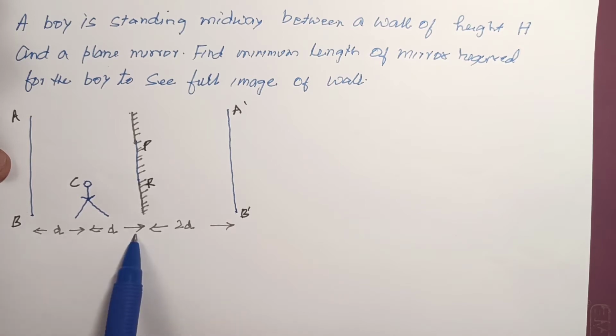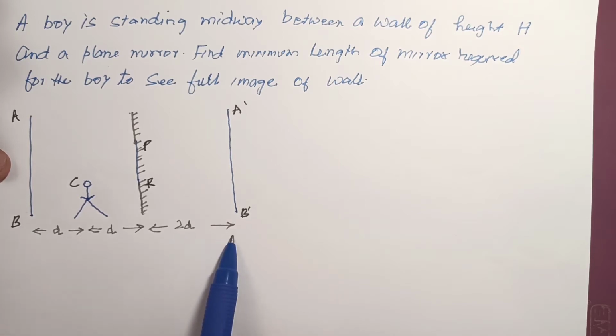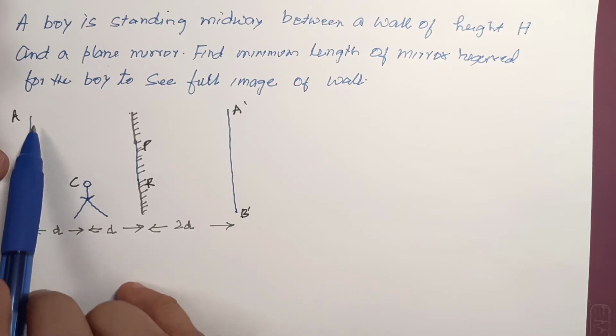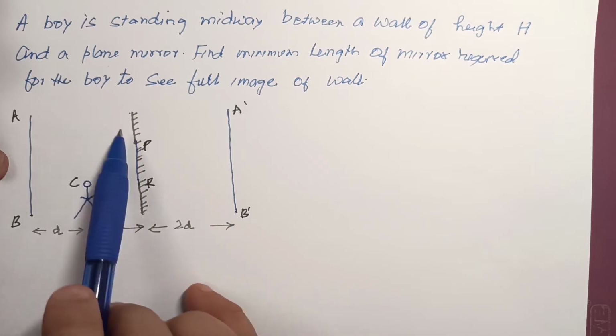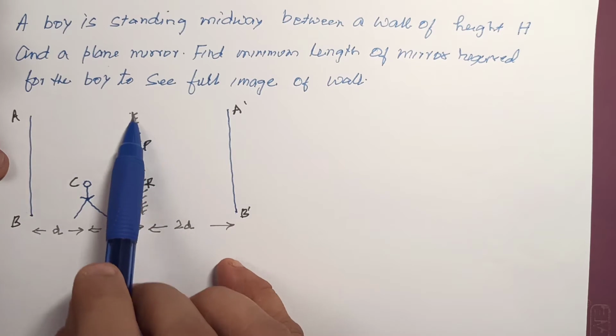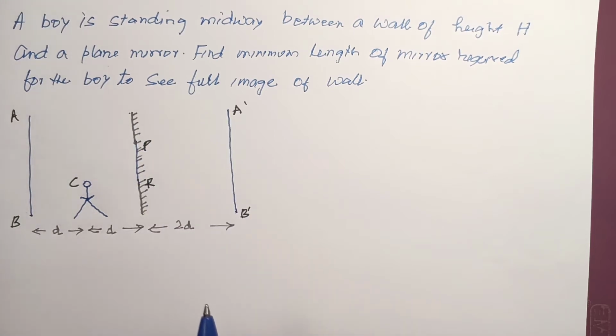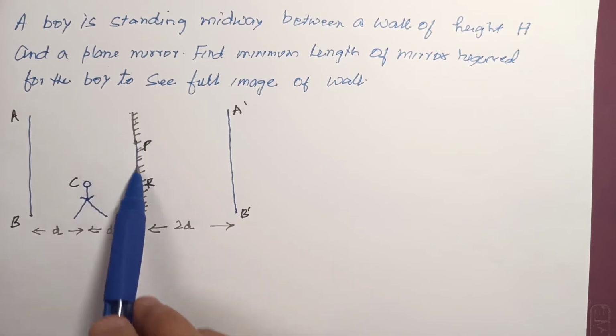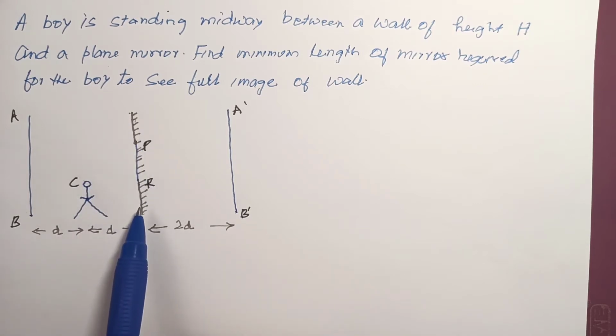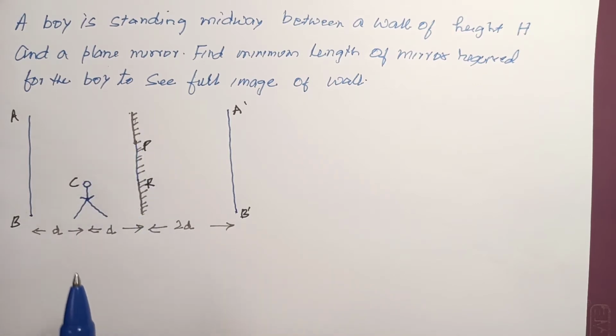This whole distance is 2d, so the image of this wall in this mirror will also be at 2d behind the mirror. Now we have to find the minimum length of the mirror required for the boy to see the full image of the wall. We will approach this question the way we did the earlier question.